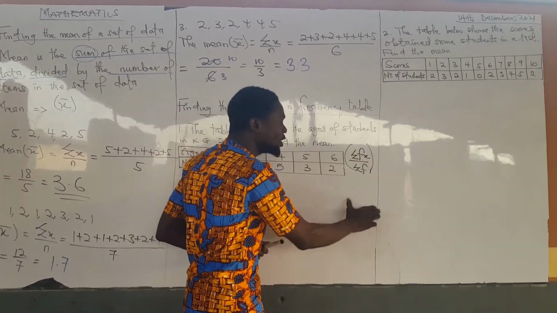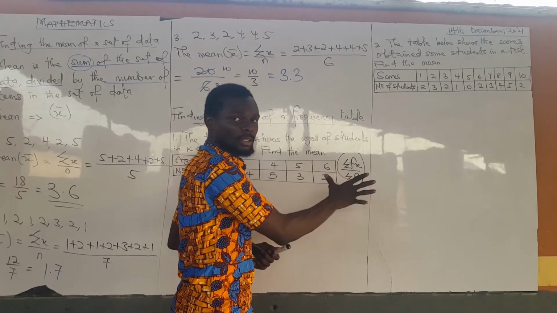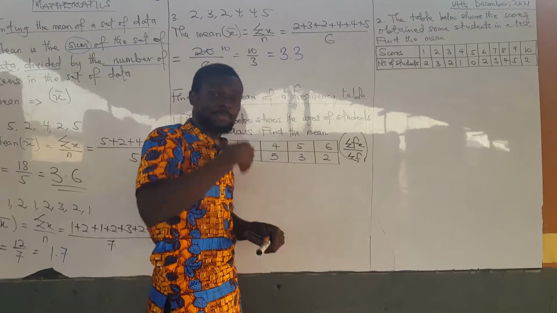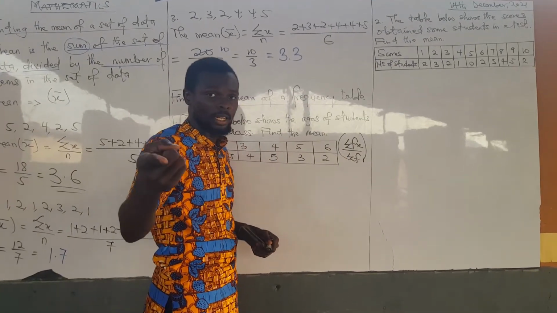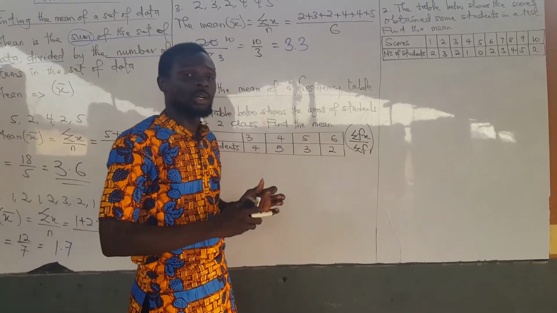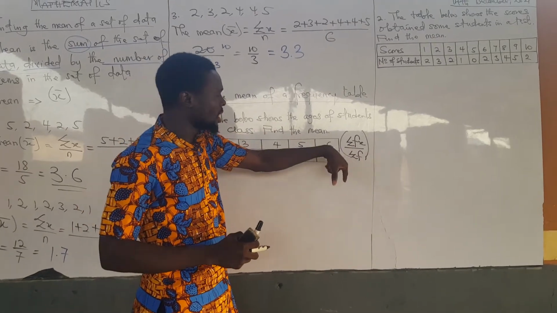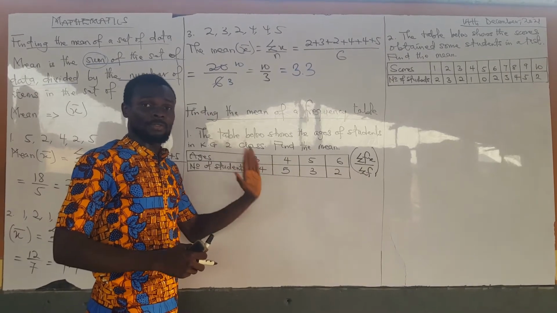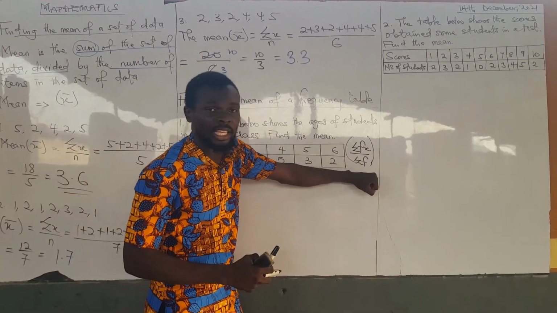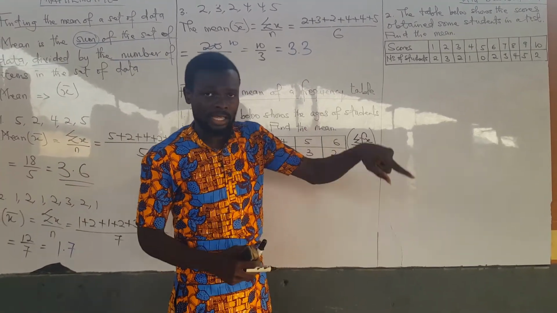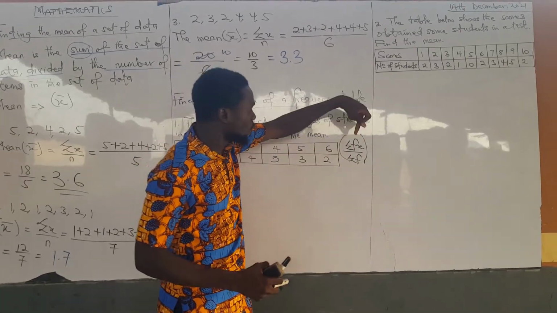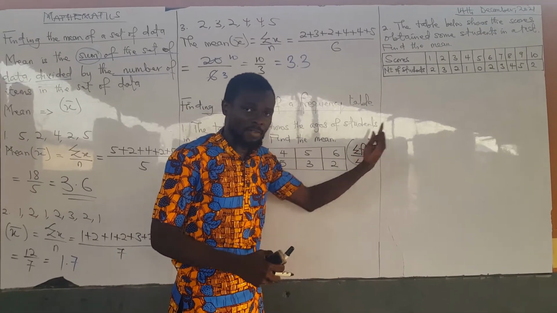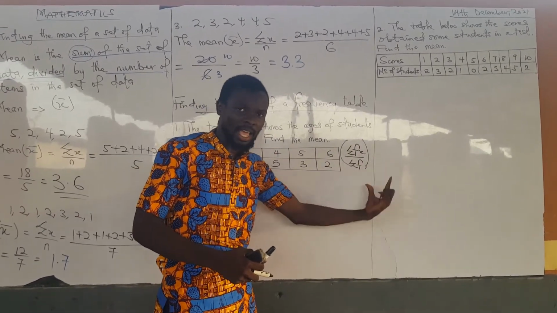If we have these two, we have sigma fx, we have sigma f, therefore we can find the mean. So how can we calculate the mean of a frequency table? We have to know this formula, sigma fx over sigma f. So from this table, we are going to find sigma fx and find sigma f.